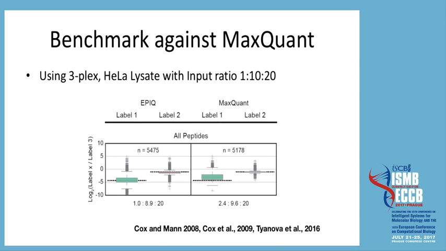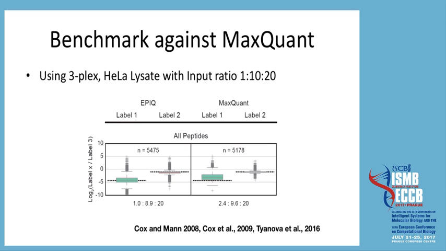Okay. We also benchmarked EPIQ against MaxQuant, and since MaxQuant can handle up to 3-plex, we prepared a diethylation 3-plex HeLa lysate dataset with input ratio of 1 to 10 to 20, and the dataset was then analyzed by EPIQ and MaxQuant. This labeling has a wide mass spacing of 4 Dalton, and it doesn't have any deuterium for MaxQuant, actually.